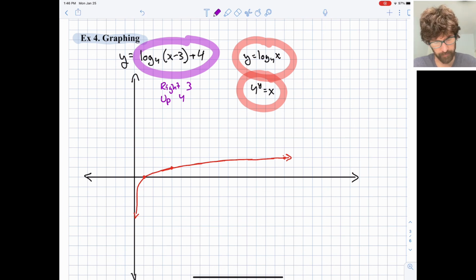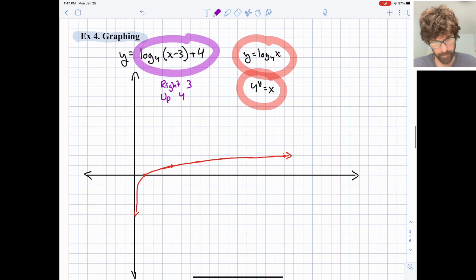So for this point right here, I'm going to shift it right 3 and up 4. I hope you can see that our vertical asymptote is just going to be shifted right 3. So I will get a new vertical asymptote in here. And then my other points will be shifted right 3 and up 4 as well.